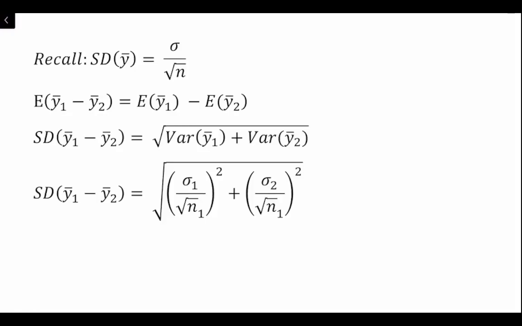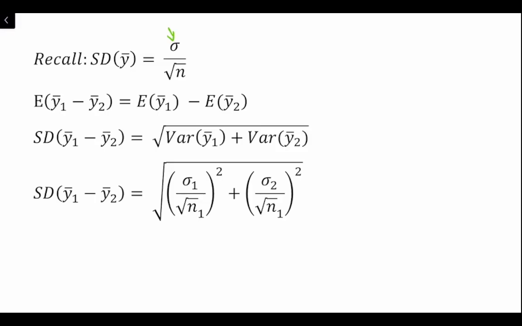In this video, we're going to continue our discussion of hypothesis testing, and we're going to introduce the concept of comparing two sample means, so comparing the two means from different samples. We'll just generally recall that the standard deviation of y bar is equal to sigma, the standard deviation of our population, divided by the square root of n.